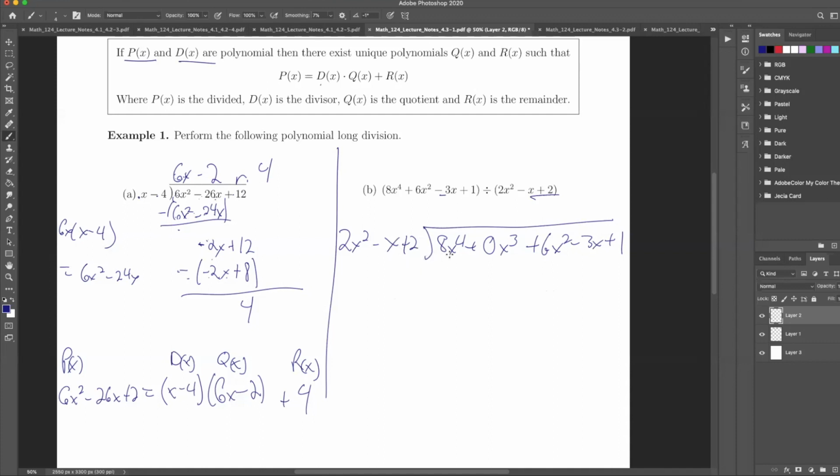What must I multiply 2x squared by in order to get 8x to the 4th? I'll give the answer in chat. So think about that and see if you can put it into chat.